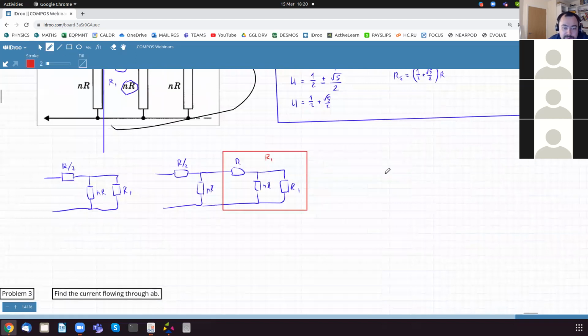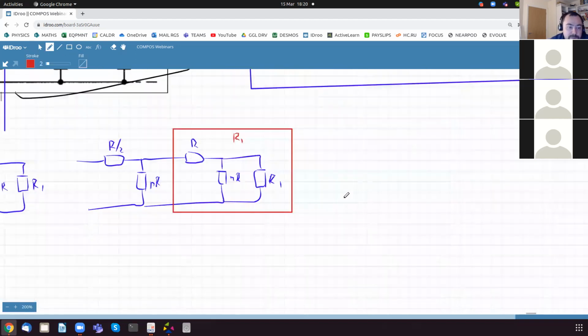So I'm going to use a very similar approach. I'm saying that NR and R1, the combination of these two resistors, divided by NR plus R1 plus R is equal to R1. Yeah, because we know the total thing is R1.